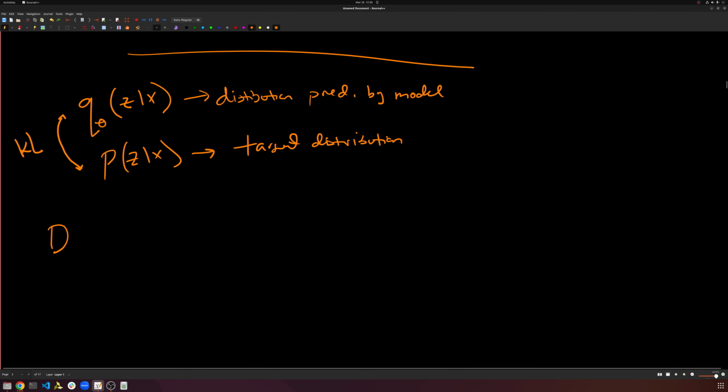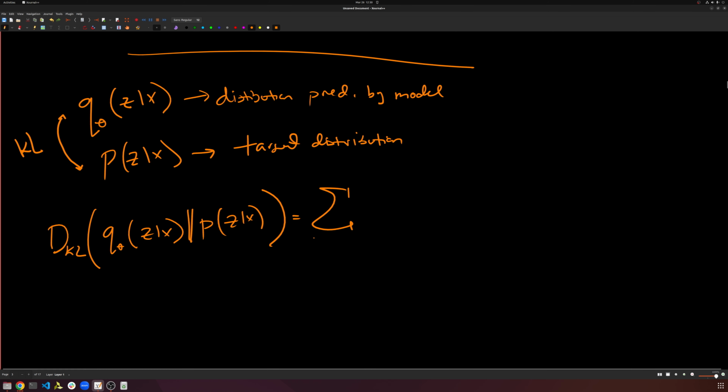So we will be doing the KL divergence between first Q theta z given x, that's what our model predicted, and then P z given x, that's what we want to compute. To do this, we'll be summing over our latent variable z, because that's basically the target. X is in the conditional, so the KL divergence is happening on z.